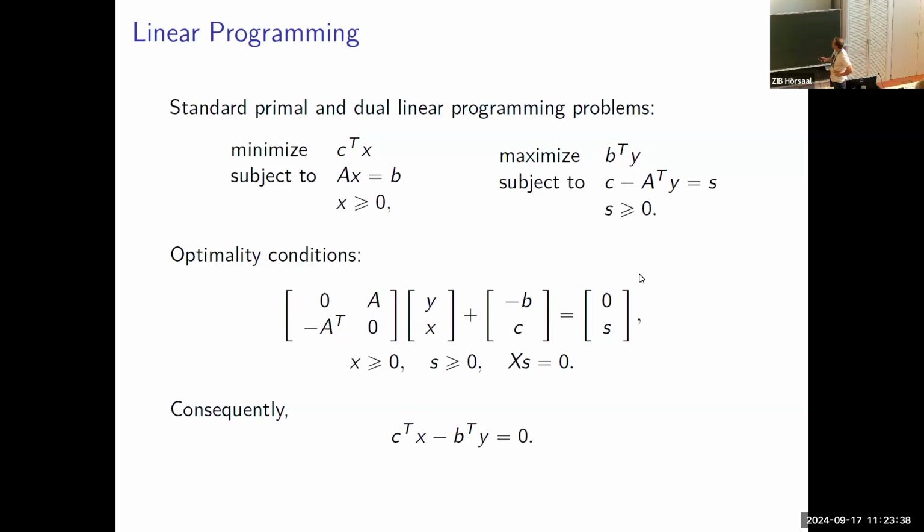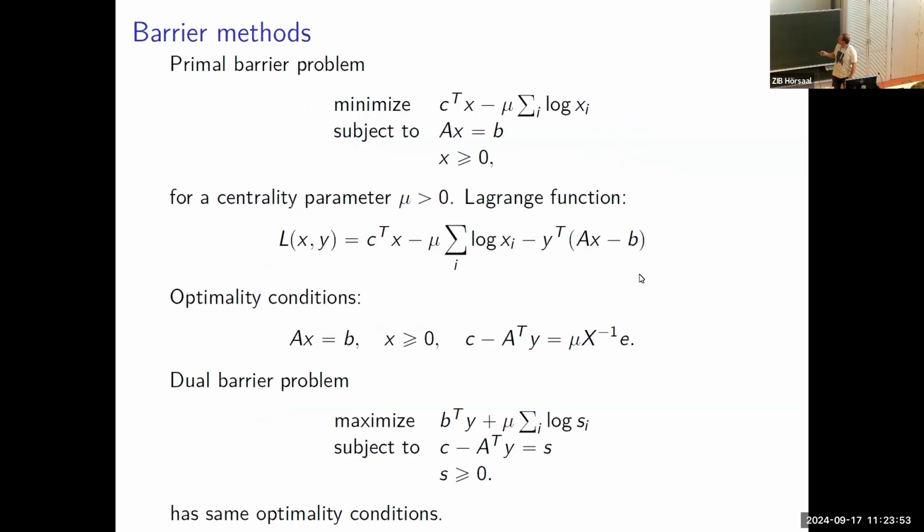So we immediately see that c transpose x minus b transpose y is x transpose s, and since we have strict complementarity, this follows immediately from this way to write the problem.